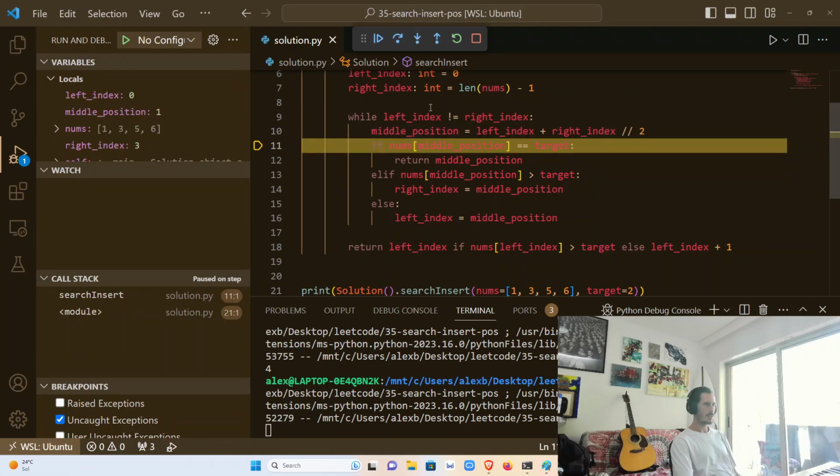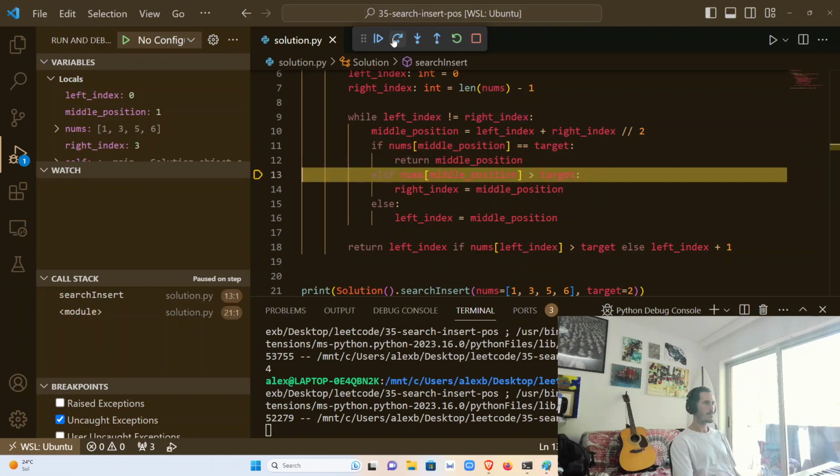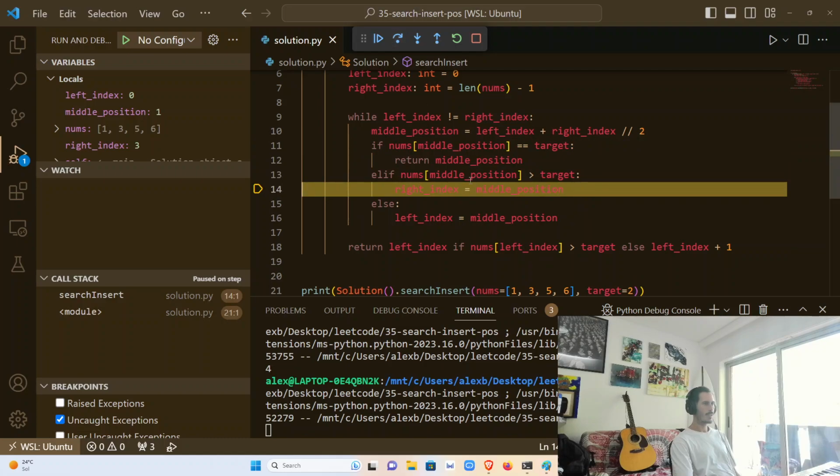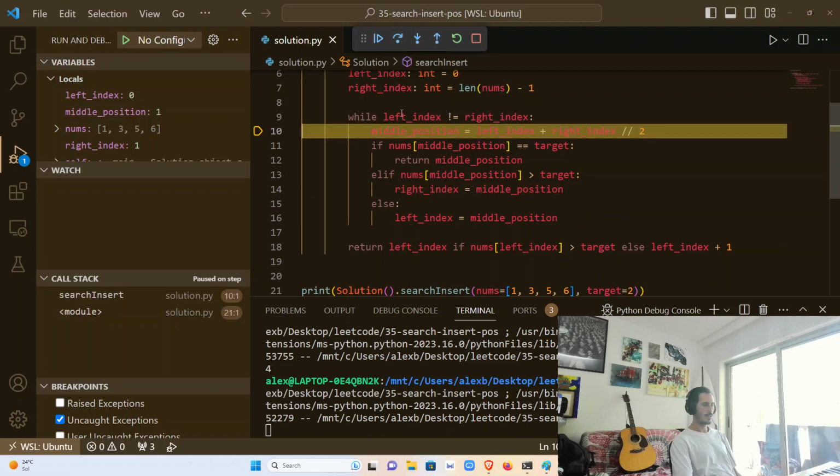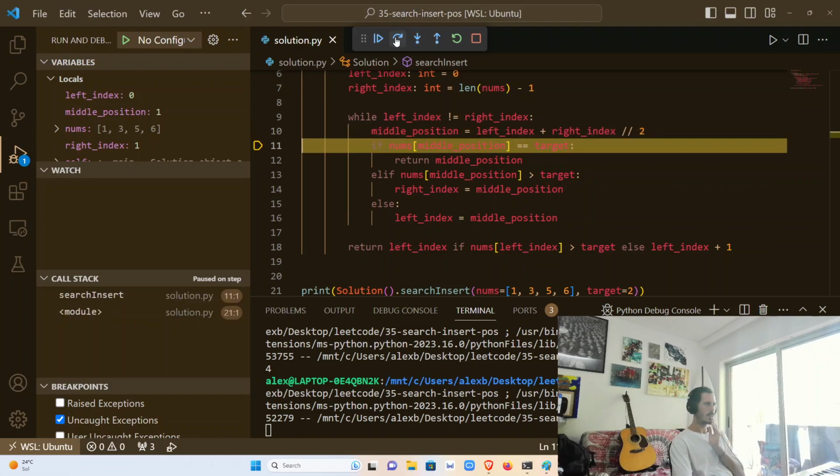So middle position, left index is 0, right index is 3. Yes, the middle position is 1, and 0, 3 is bigger than 2. So the right index becomes 1. So it's 0 and 1.